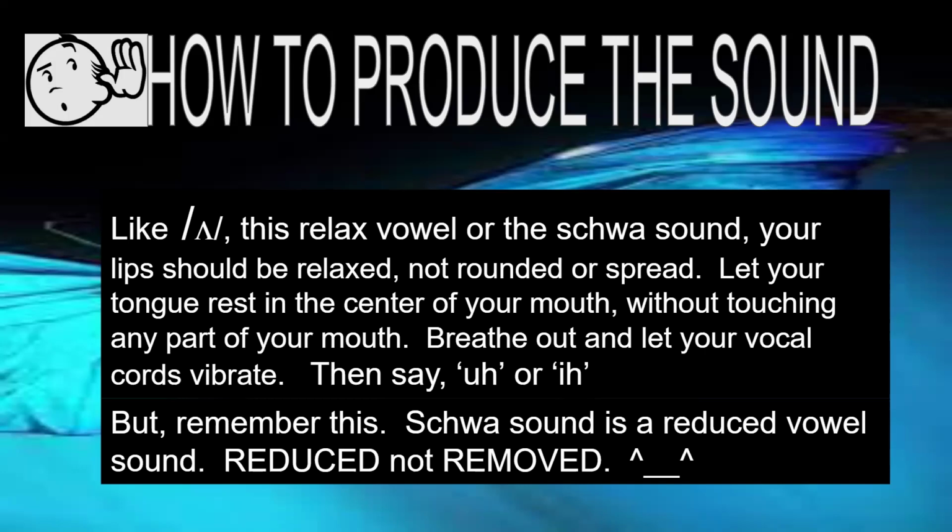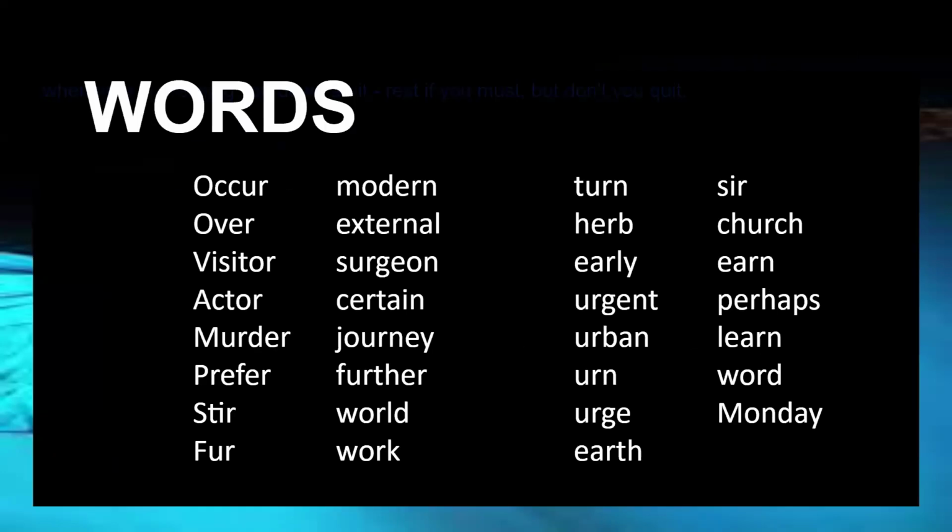To demonstrate, let's practice in words. So let's study the first column first, one word at a time. The first word we say, occur. You can now notice that the first syllable where there's letter O is longer than the second syllable where there is U. Occur.